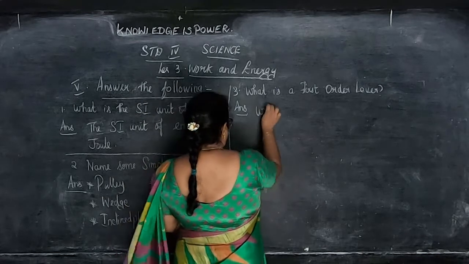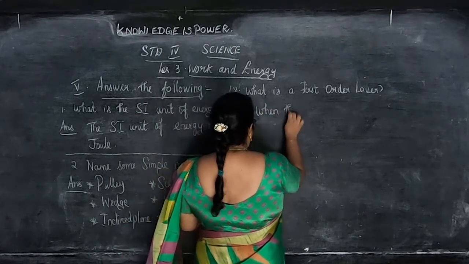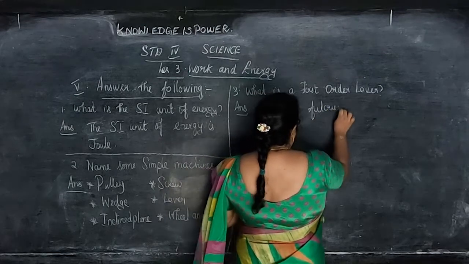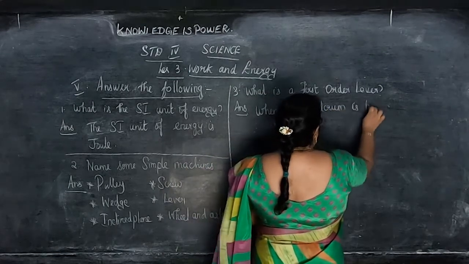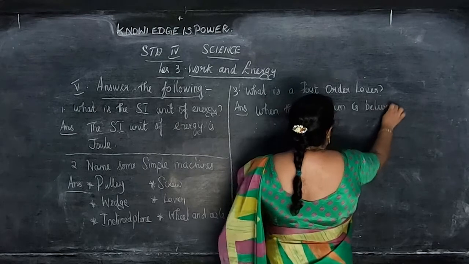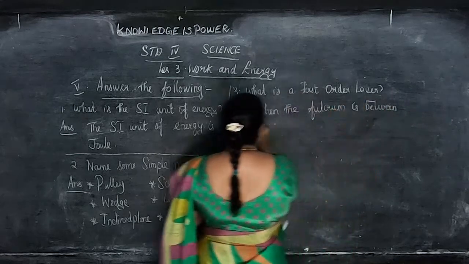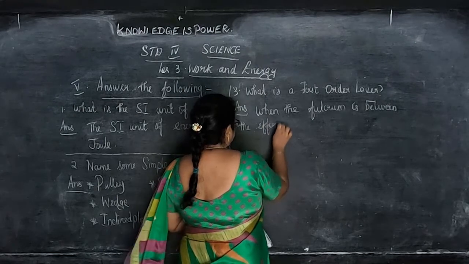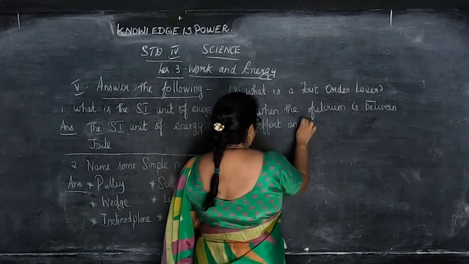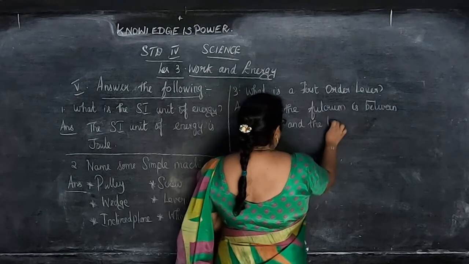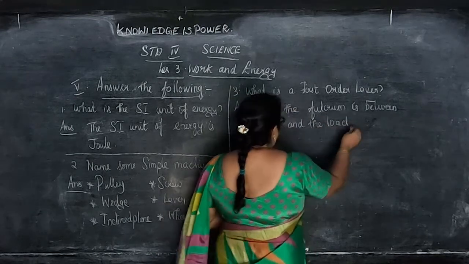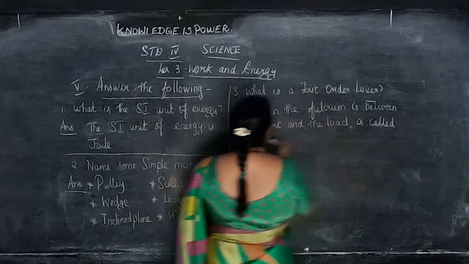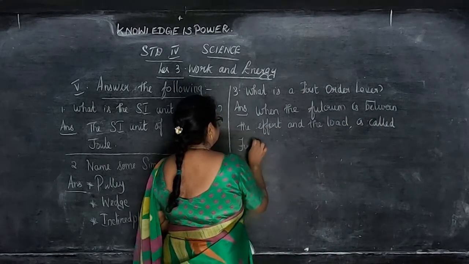So, when the fulcrum is between the effort and the load, it is called a first order lever. Okay, children?